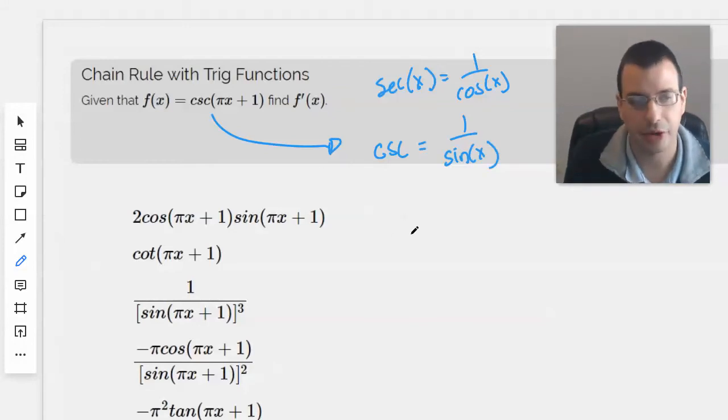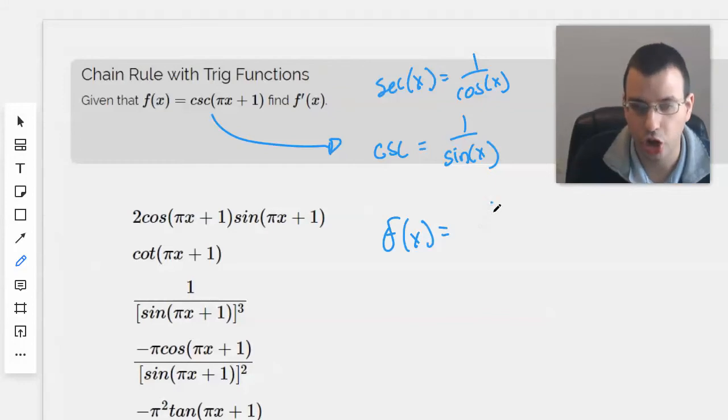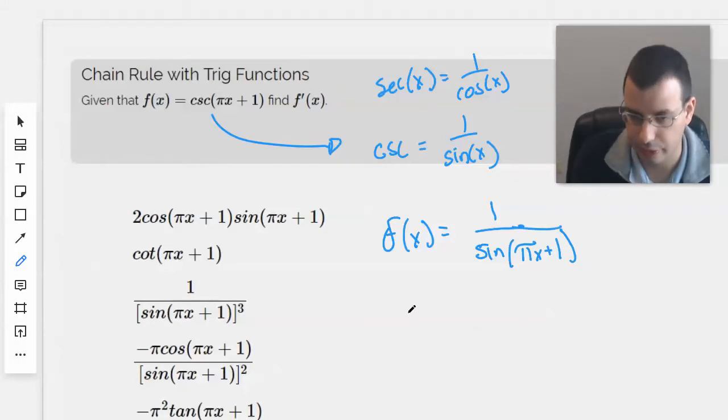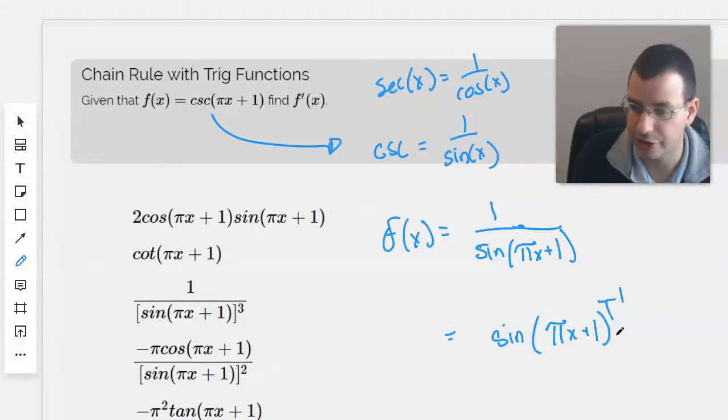So I'm going to rewrite this as f of x equals 1 over sine of pi x plus 1, which equals sine of pi x plus 1 to the negative first.